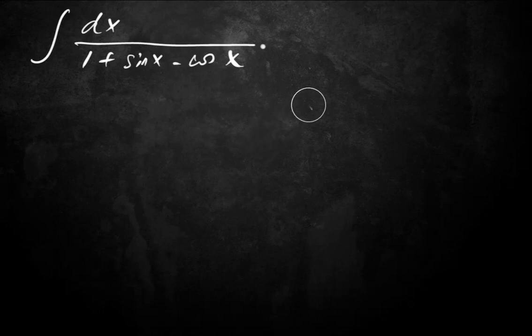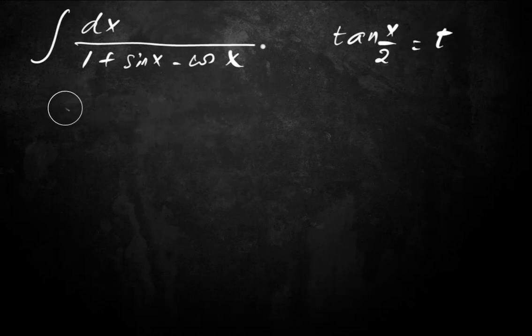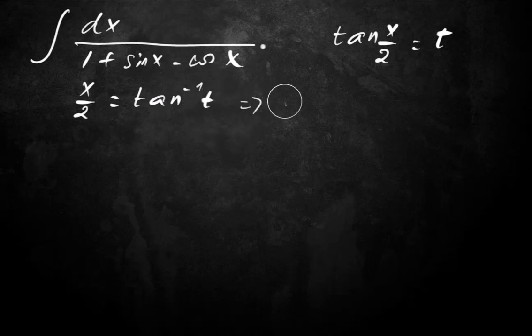So let's say that tangent of x over 2 is equal to t. That means if we take the derivative of both sides here, we first get x over 2 is arctangent of t. That means dx is equal to 2 dt over 1 plus t squared.